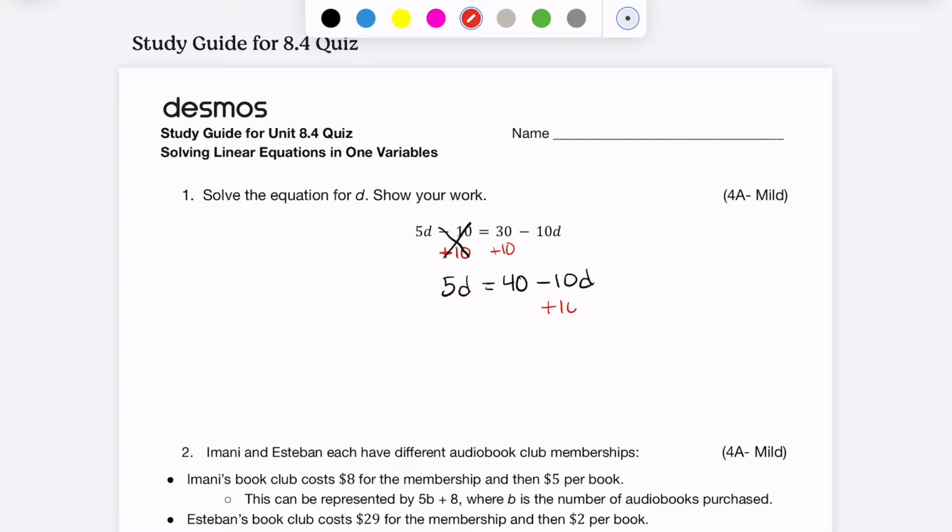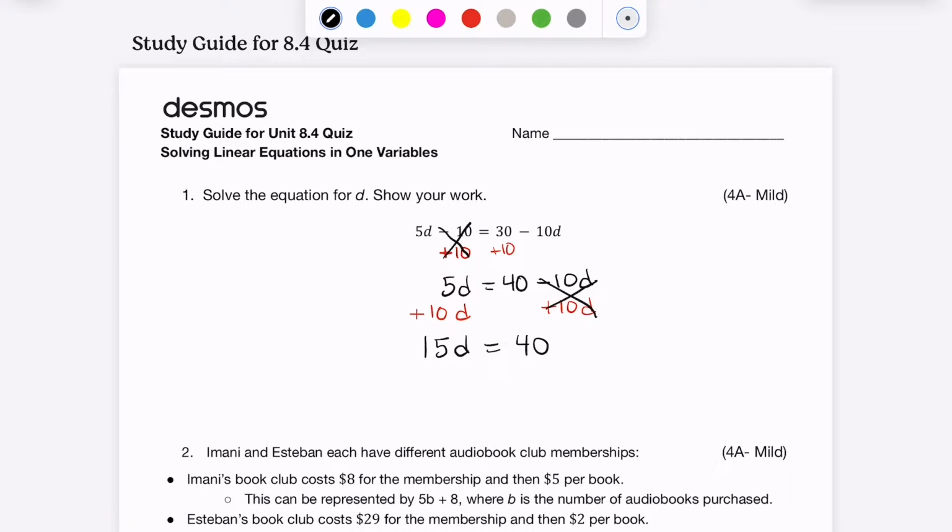I'm going to add 10d on the right so that I'll only have a number on the right, and I'll add 10d on the left. And that's going to make me only have the variable term 15d on the left and only have the constant term 40 on the right. Okay, because the minus 10d plus 10d goes away to 0.